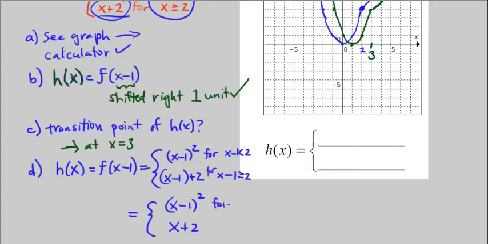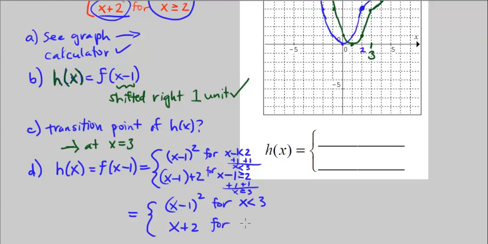Okay? I got 4 right here. So I'm going to say 4, and now I'm going to solve this inequality for x, right? So I'm going to add 1 to both sides, and that's going to get me x is less than 3. So I'm going to change this here to be for x is less than 3. Again, here, I'm going to solve this one, so I'm going to add 1 to both sides, and it's going to make it x is greater than or equal to 3.